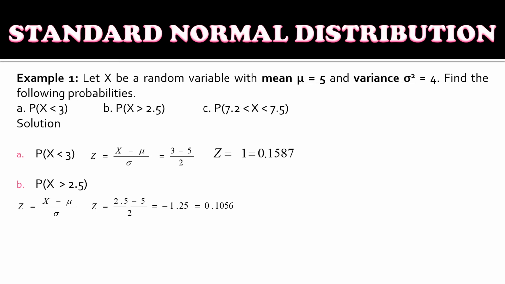But that is not yet the answer. If you remember, we have a greater than symbol, so we need to subtract the area that we looked up from 1. So we have 1 minus 0.1056, which is equal to 0.8944. So the probability of x is greater than 2.5 is 0.8944.